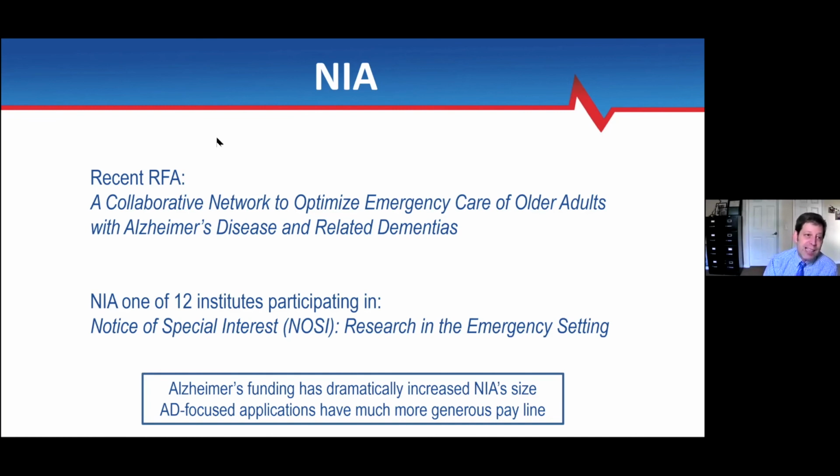And the reason for that is that the pay lines, and if you aren't yet familiar with pay lines, that's an important part of being an academic researcher. That's, in other words, the score that you get on your application that it will get funded at, are very different for Alzheimer related applications than they are for other applications at NIA, for example. And so if you're thinking about Alzheimer's disease as a potential area or topic of interest for you, I would say definitely think very, very seriously about it.